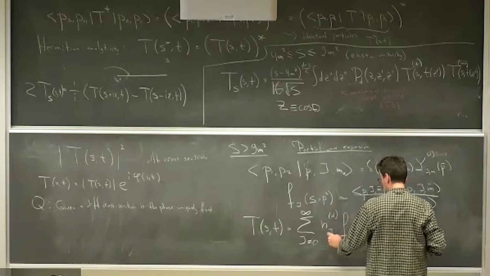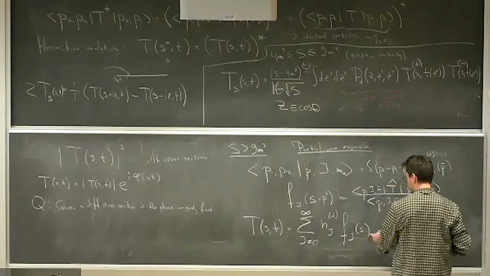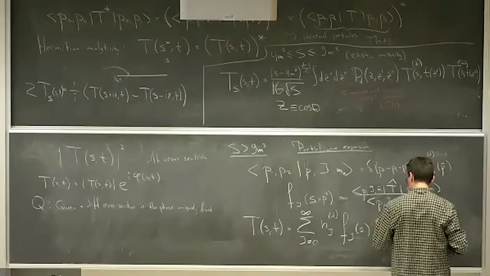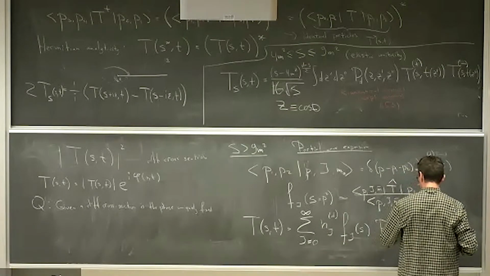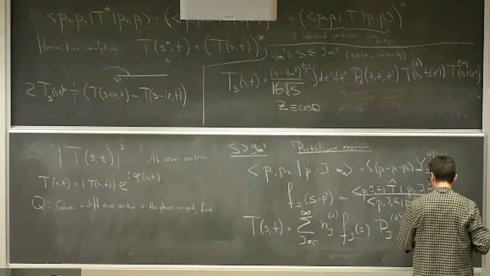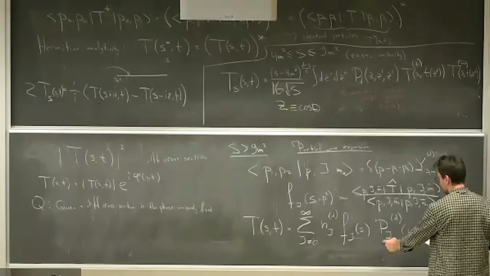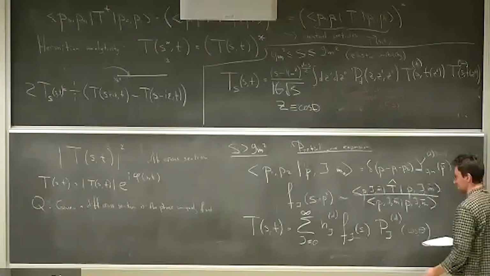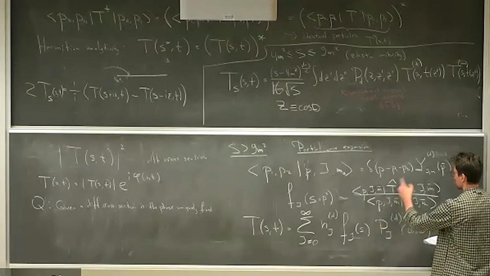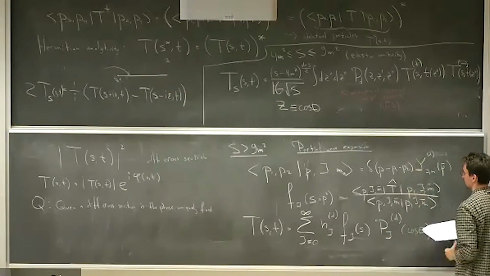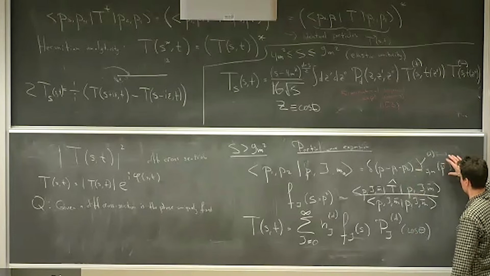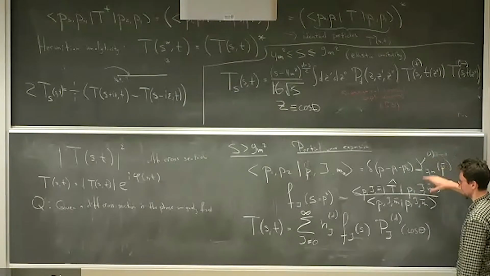It's an explicit function, partial waves, and P_J of d plus theta. And these are effectively d-dimensional Legendre polynomials, which are related to these Y's in a simple way.